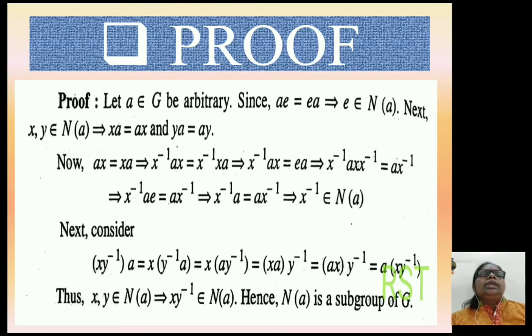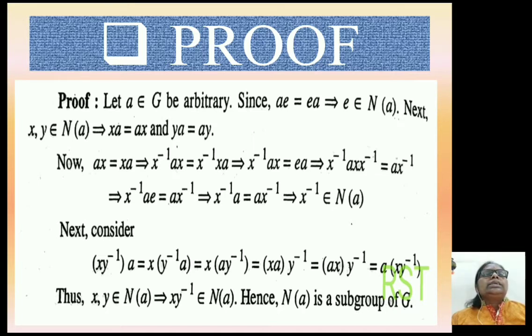Here the commutative and associative properties are used, that is, x y inverse into a equals x into y inverse into a, which equals x into a y inverse. That is the commutative property used. Commutative property means the definition of centralizer or normalizer is used.